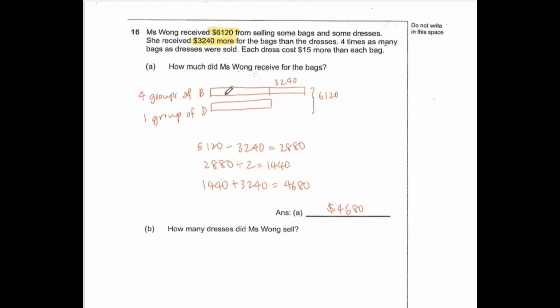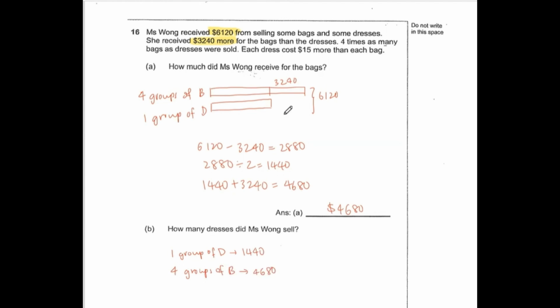So what have we found? We have actually found 4 groups of bags as well as 1 group of dresses. So 1 group of dresses is 1440. 4 groups of bags is your 4680.